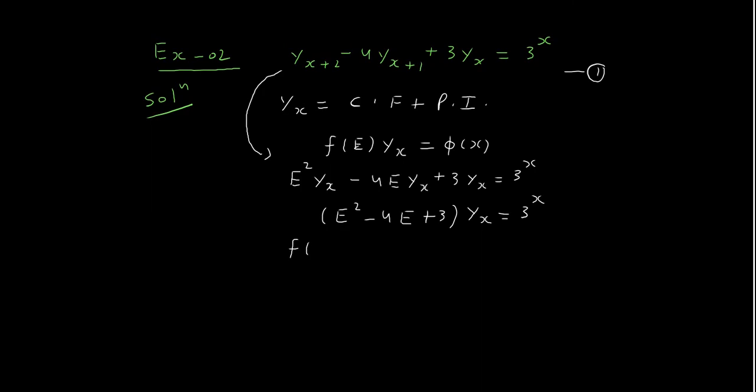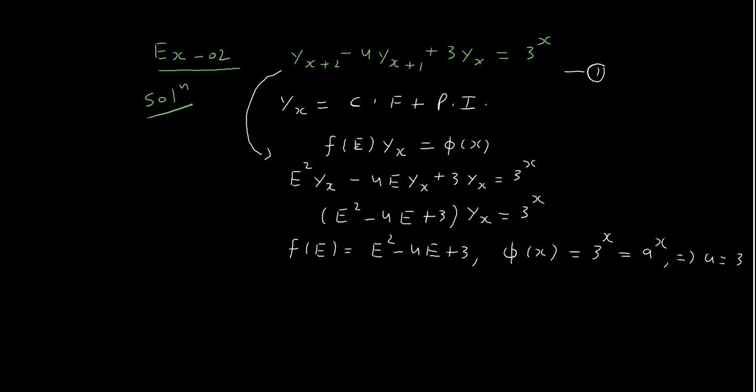F of E equals E square minus 4E plus 3, and what is phi x? Phi x equals 3 to the power x, and if we compare with the standard form a to the power x, then what is the value of a? This implies that a equals 3.